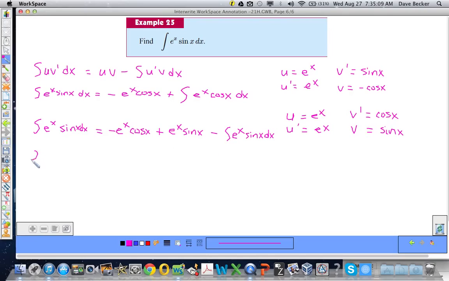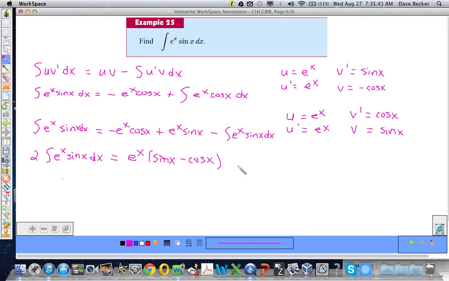And on the left-hand side, I get 2 times the integral of e to the x sine x dx is equal to, let's clean this up a little bit and rewrite it as e to the x times sine x minus cosine x. You see what's going to happen here? Yes. And now I divide both sides by 2.